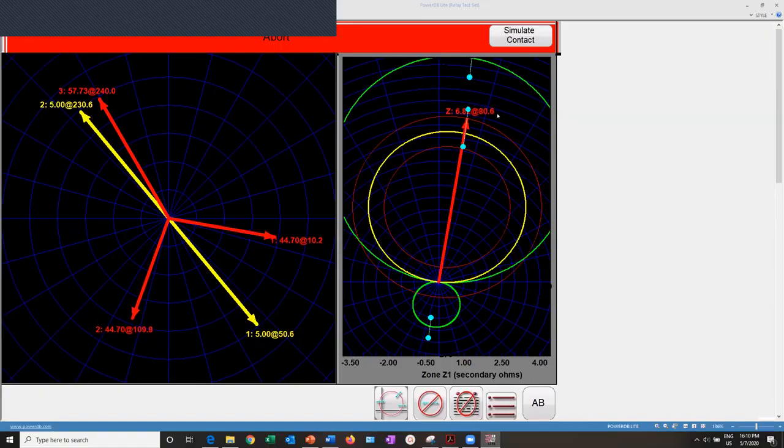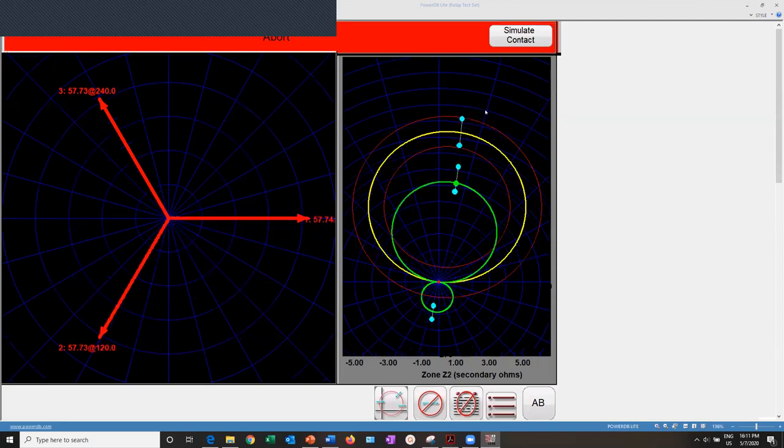and each of these faults is being injected for a time that is shorter than the time it takes to trip on zone 2, because if you see, all these faults are actually on zone 2, but since they happen for a time that's shorter than the time to trip on zone 2, you shouldn't trip.